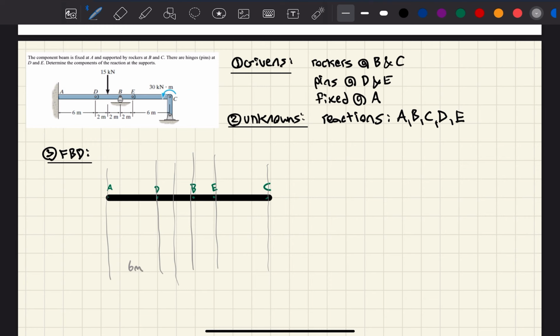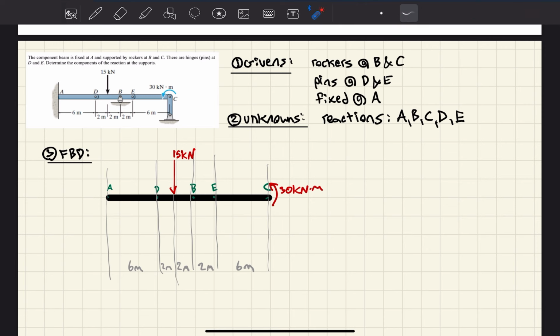This is 6 meters, this is 2 meters, 2 meters, 2 meters, and then also 6 meters. We can put the external forces, or the apparent external forces, and we have 15 kilonewtons right there. We also have a moment, actually. So let's also add this counterclockwise moment at point C, so 30 kilonewton-meters.